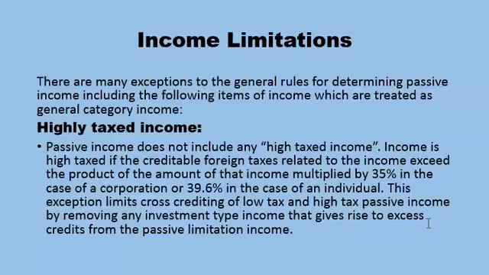Income is high taxed if the creditable foreign taxes related to the income exceed the product of the amount of that income multiplied by 35% in the case of a corporation or 39.6% in the case of an individual. This exception limits cross crediting of low tax and high tax passive income by removing any investment type income that gives rise to excess credits from the passive limitation income.